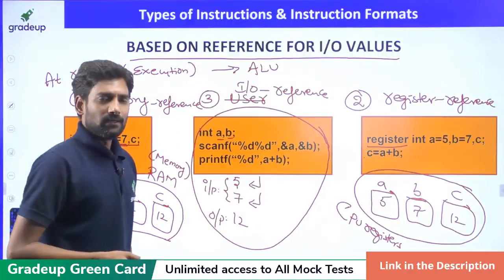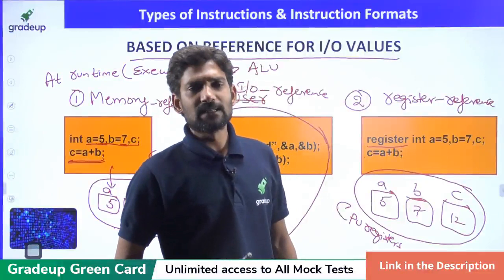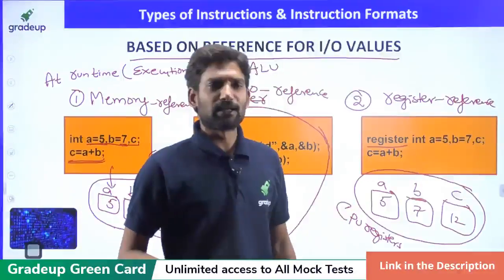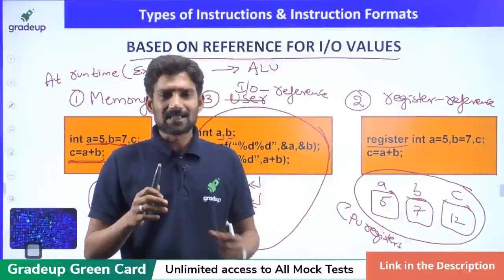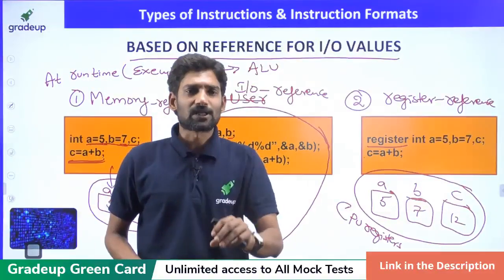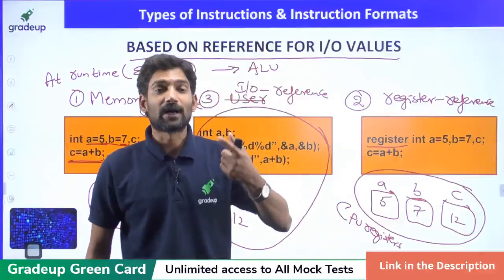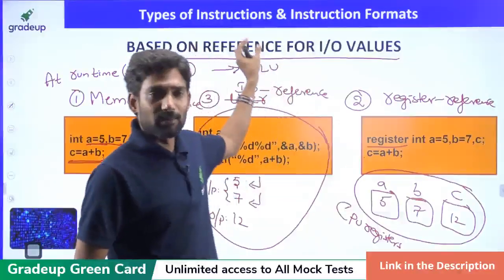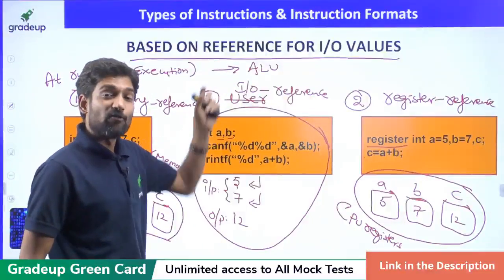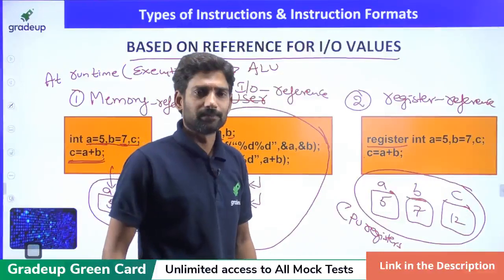So here, what instructions are in memory reference, sir? What instructions are register reference? There is no particular instruction to say that it is a memory reference or an IO reference. Why? What is the parameter for classification here? From where inputs are coming to where outputs are going.